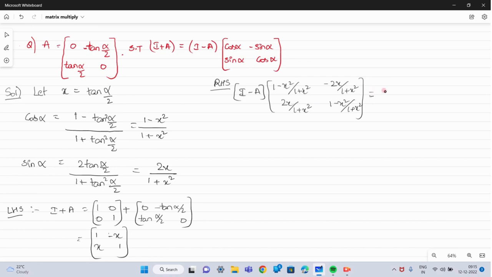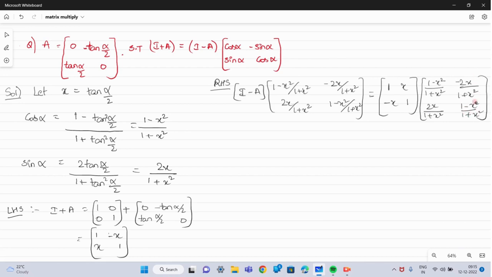What is I minus A? It is 1, minus x, x and 1. You can solve and verify it. It is again the same matrix, 1 minus x square over 1 plus x square, minus 2x over 1 plus x square, 2x over 1 plus x square, 1 minus x square over 1 plus x square.